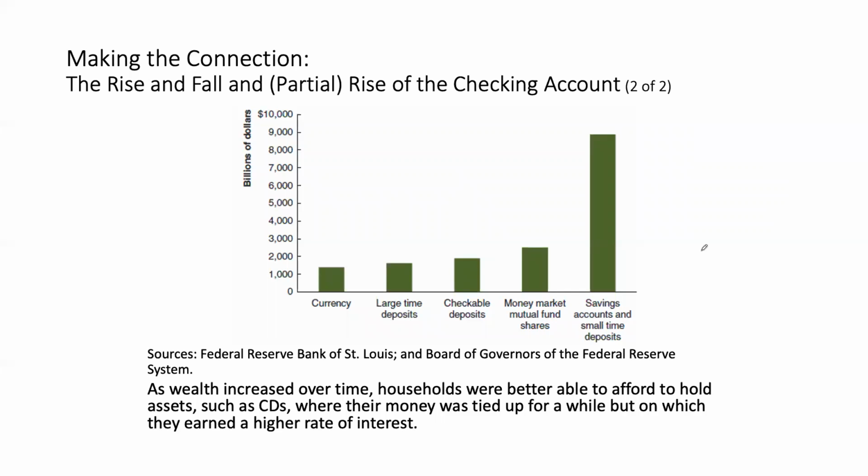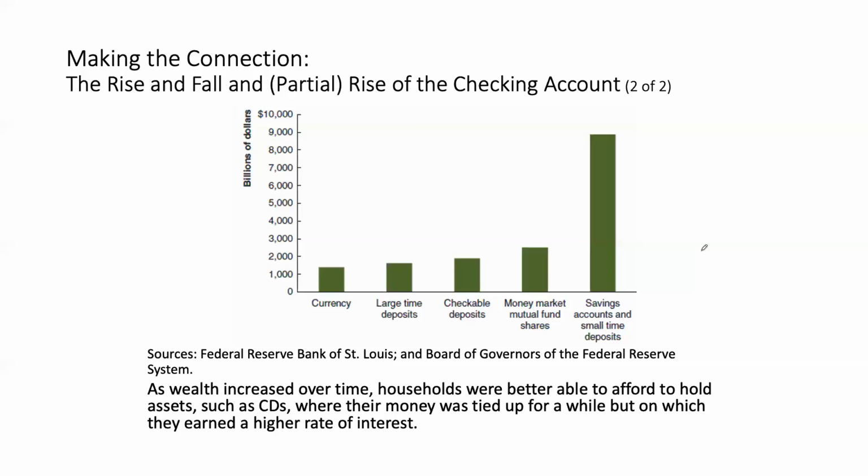When you have only $2,000 in your account, you might want to keep all $2,000 in the checking account, because you might need all of that money all of the time because you're cash constrained, wealth constrained. But suppose you are worth $2 million, there's no reason for you to keep all of that in the checking account on any given day or any given week or any given month.